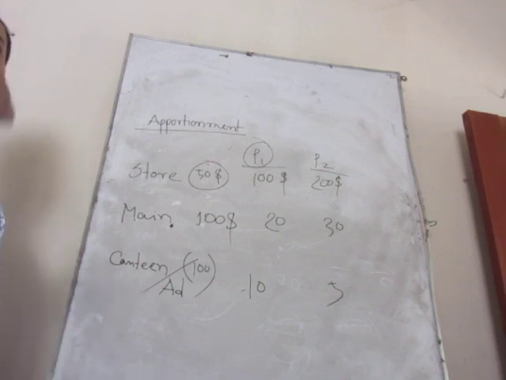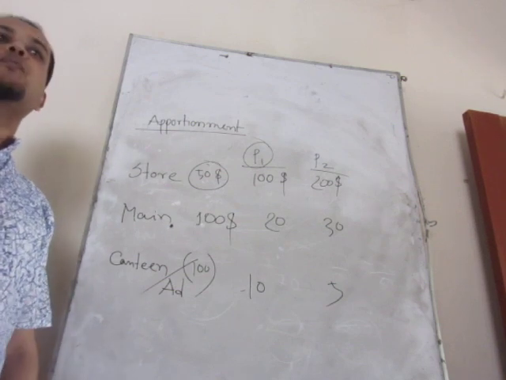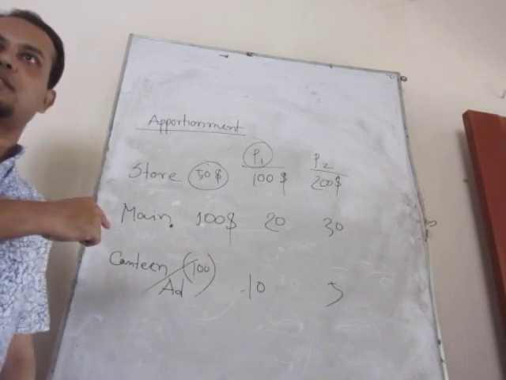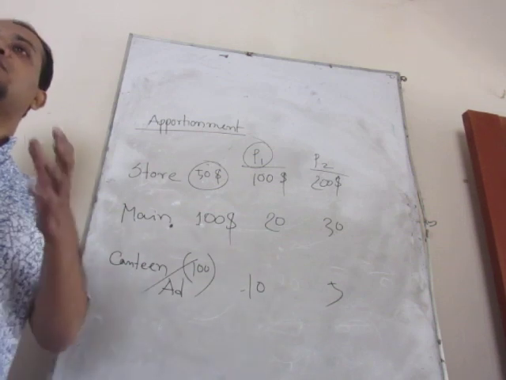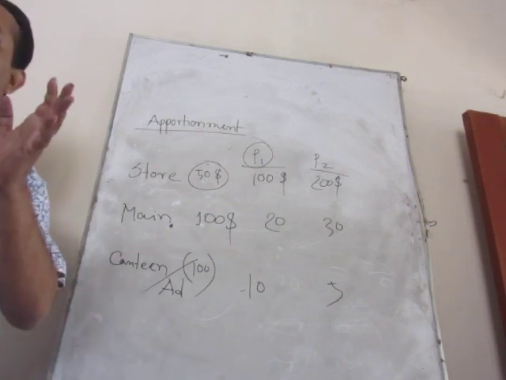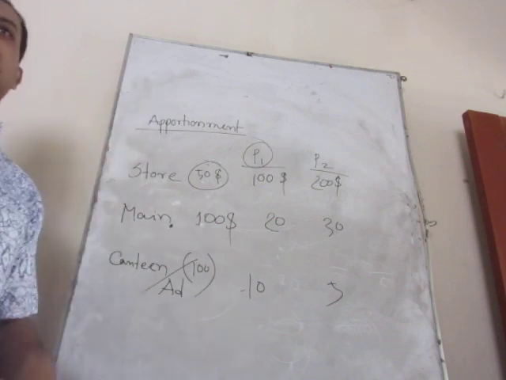Now you have already apportioned and reapportioned the service department cost to production. So we have only production department overheads here. At the end of the apportionment, we can calculate the total indirect cost generated in running a specific production department.